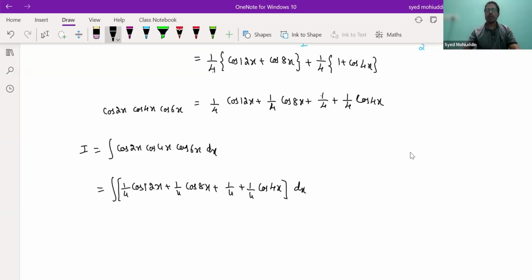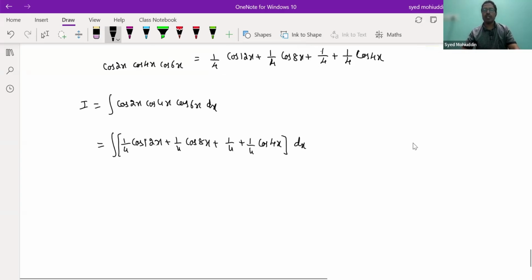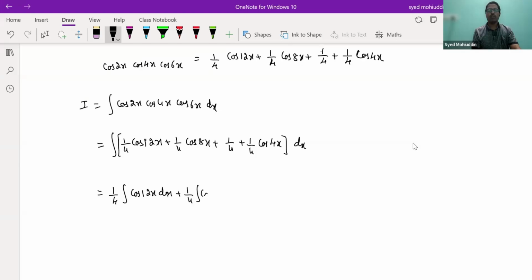Now you can apply the integral individually for each of the terms by taking 1 by 4 outside. So you will be getting the value as integral of cos 12x into dx, plus again 1 by 4 is outside, integral of cos 8x into dx, plus 1 by 4 is a constant, you'll just be getting integral of dx, plus 1 by 4 outside, you'll be having integral of cos 4x into dx.